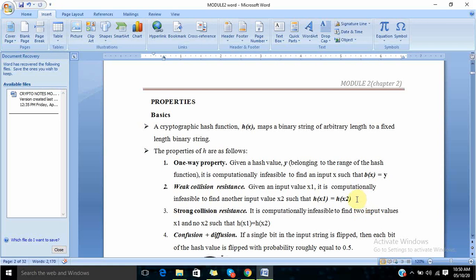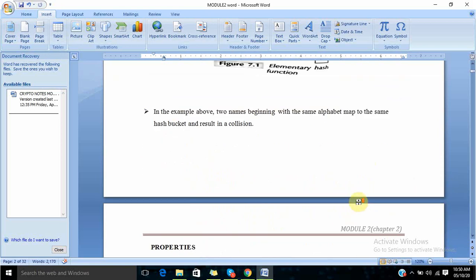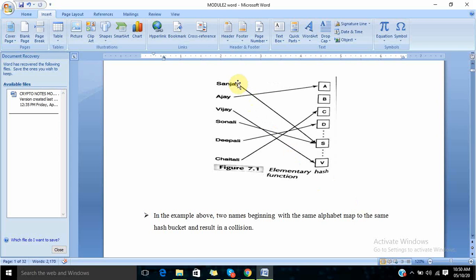This is weak collision resistance: even if x1 is given, it is difficult to find x2 which maps to the same value y. Even if Sanjay is given, it's difficult to find Sonali, which also maps to the same value S.